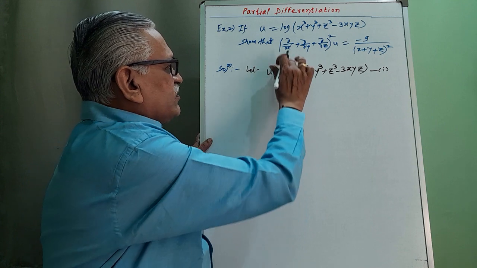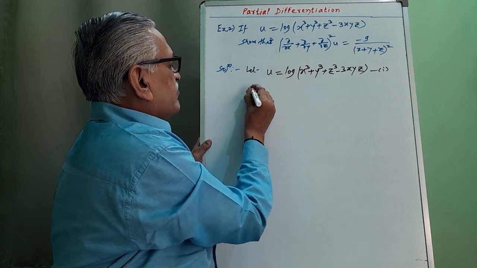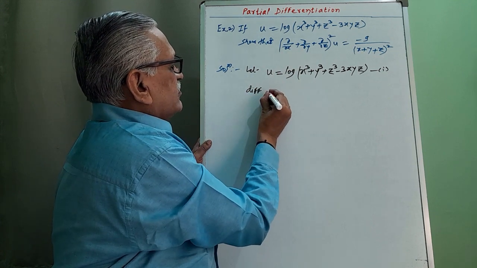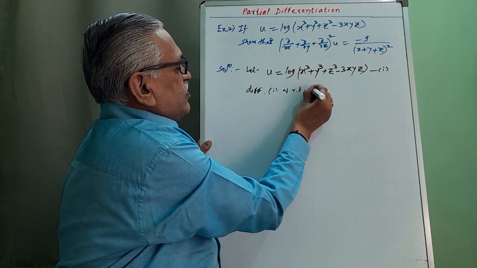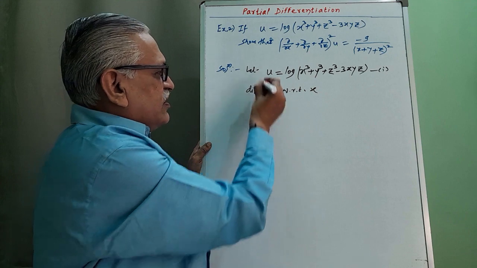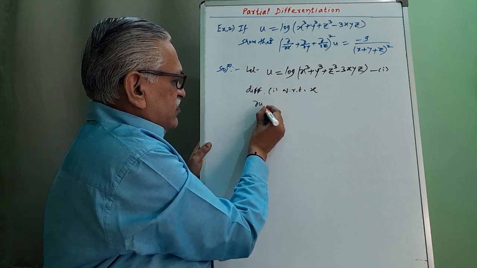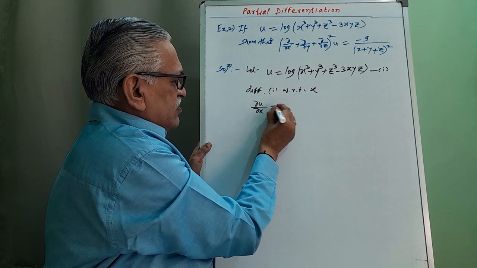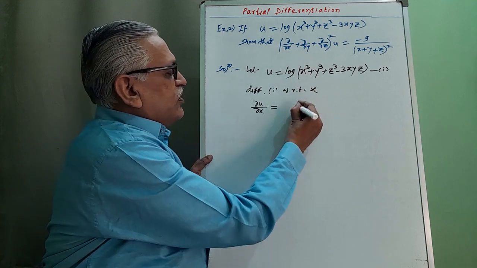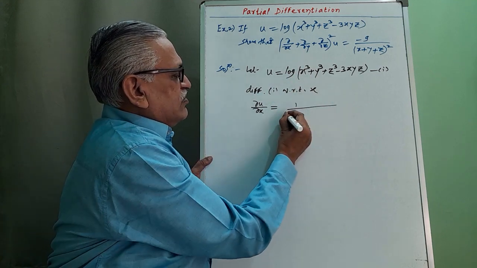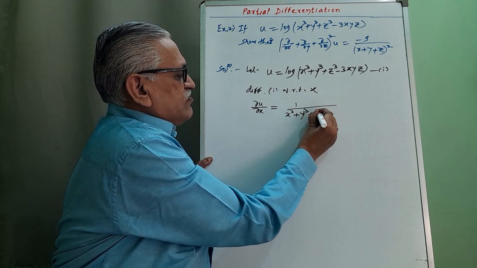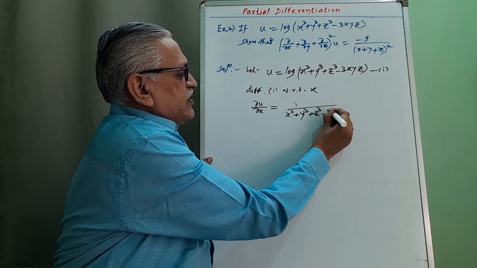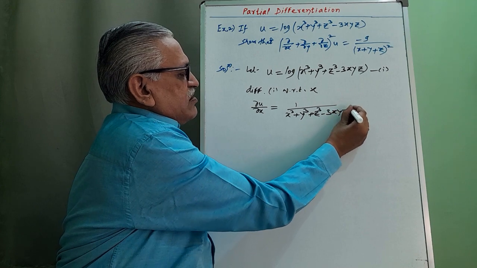Therefore, differentiating this first with respect to x, keeping y and z constant, the derivative of u with respect to x is ∂u/∂x. The derivative of log is 1 upon x cube plus y cube plus z cube minus 3xyz.